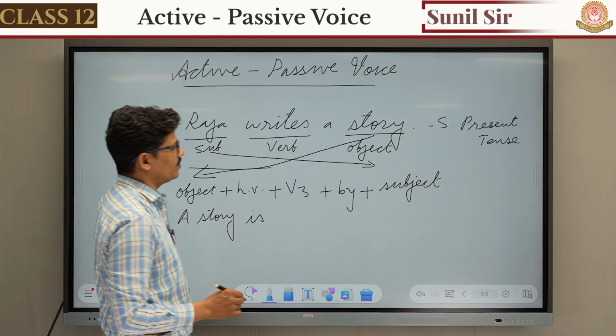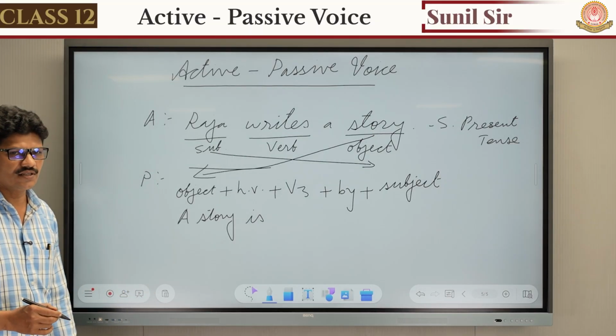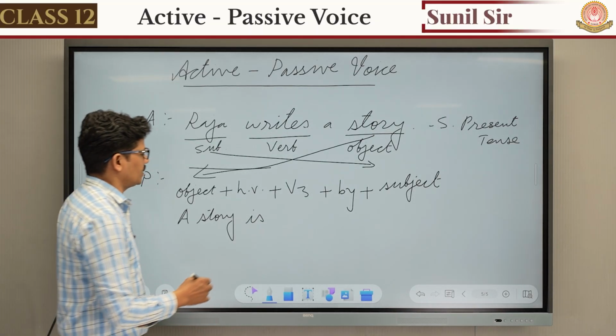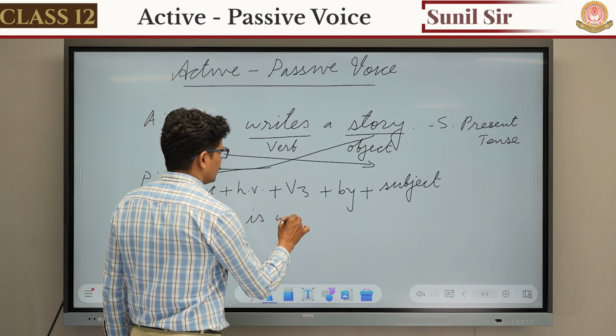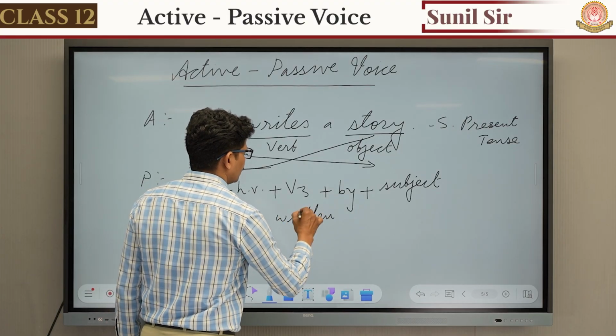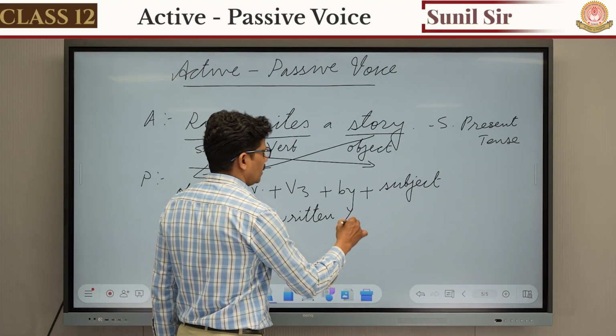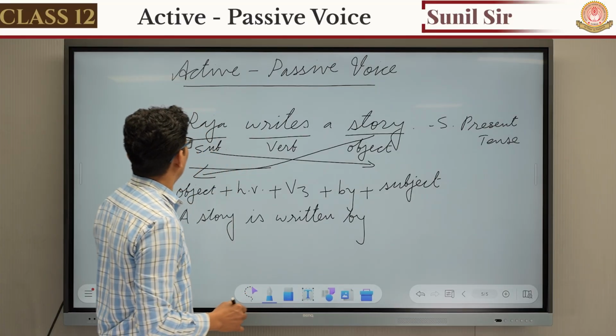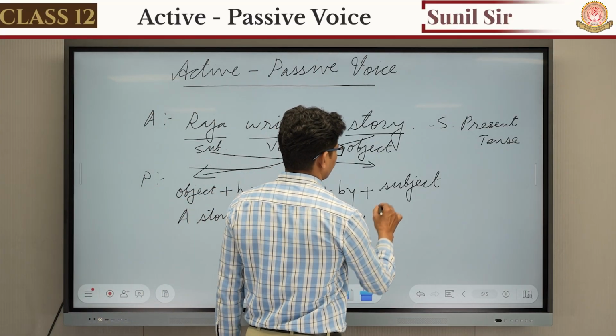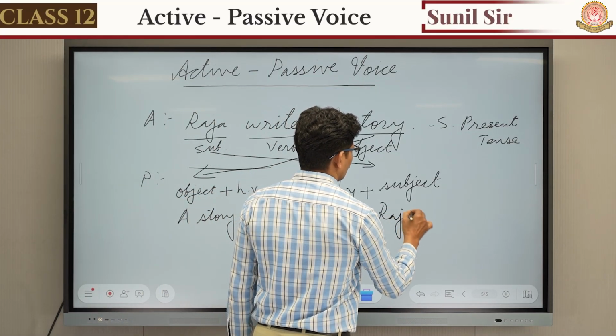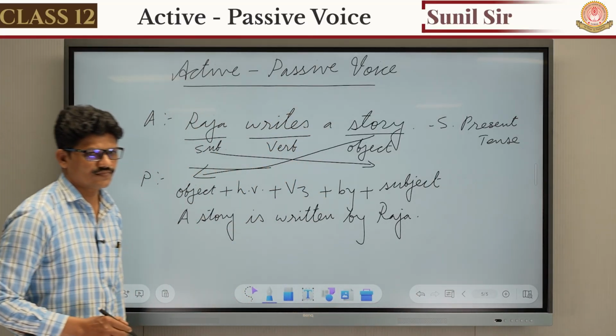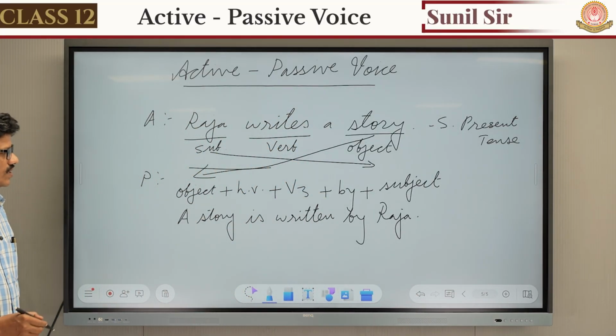Then third form of the verb, writes. The third form of write is written. A story is written. Then by, what is the subject? Raja. So it has become passive voice. So this is just example.